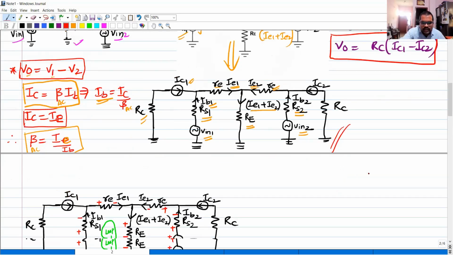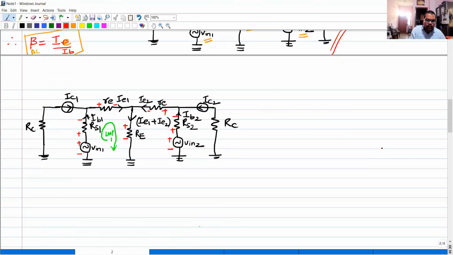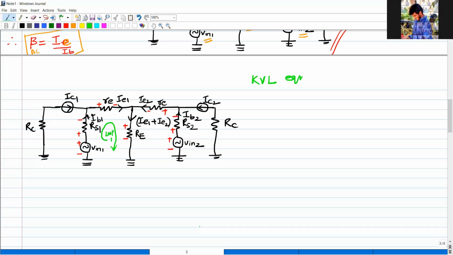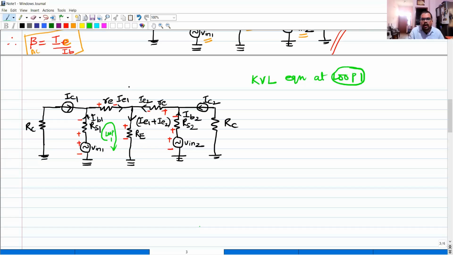Now see here. I am going to write a KVL equation at loop 1. Anyone, please tell me the KVL equation for this one.